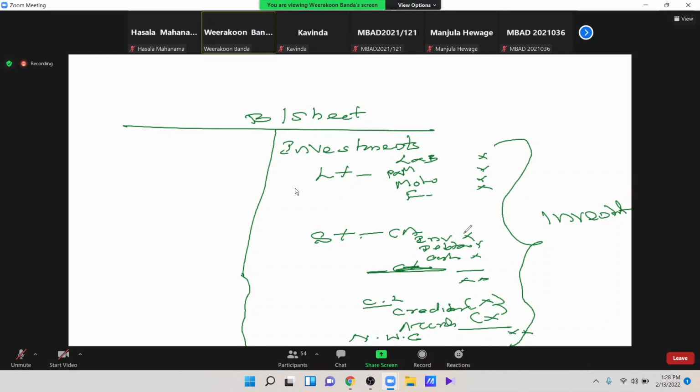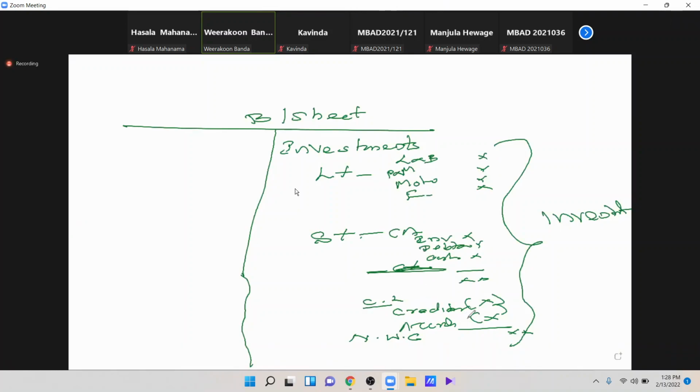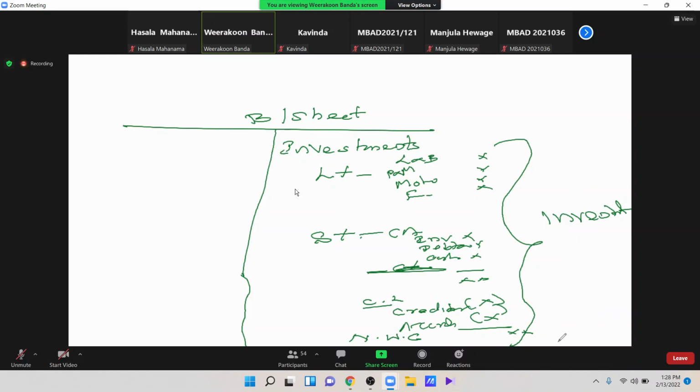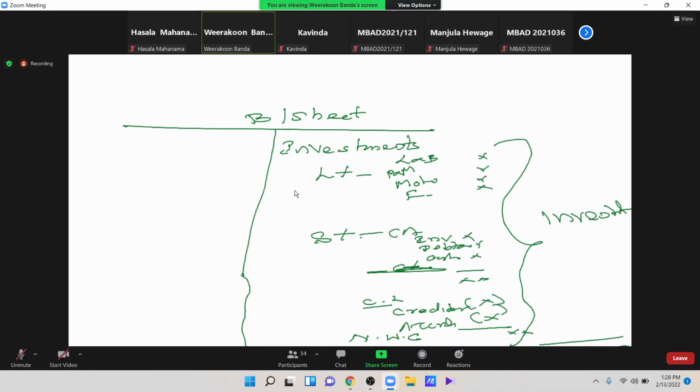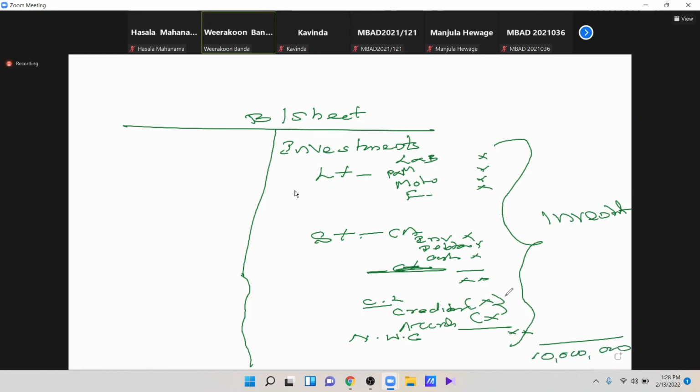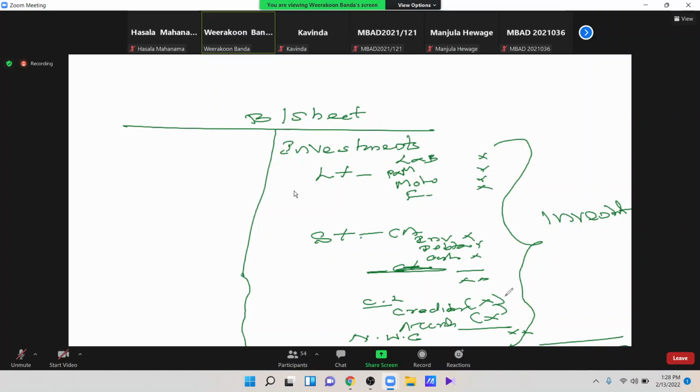Likewise, there can be a credit side also, with items like creditors and accruals. Say, for example, for all these requirements, you need 10 million rupees of investment, depending on the nature of the business.